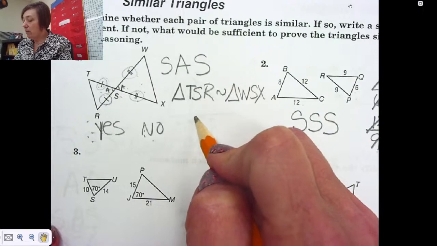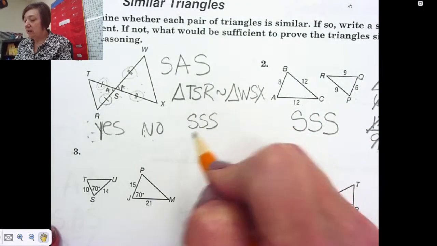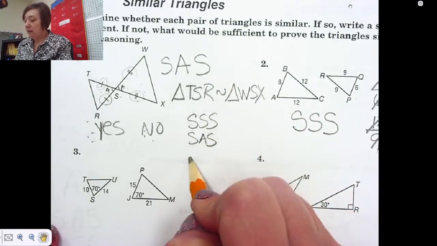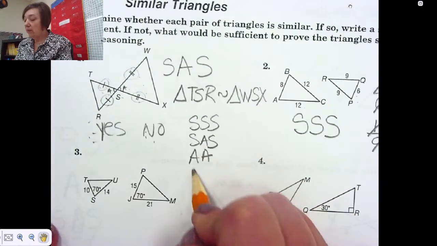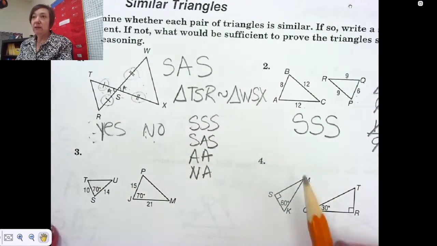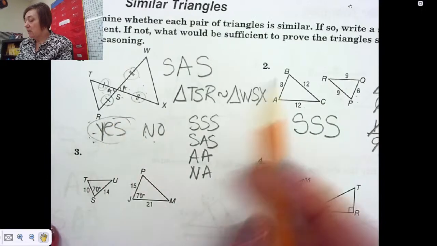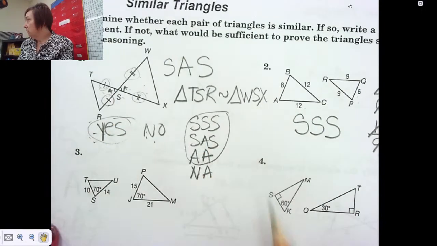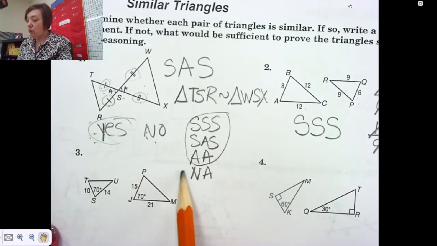Then there's a box with side, side, side, side, angle, side, and angle, angle, and NA. If you say yes, you have to pick one of these 3. Which one did you use? If you say no, you're going to say NA.